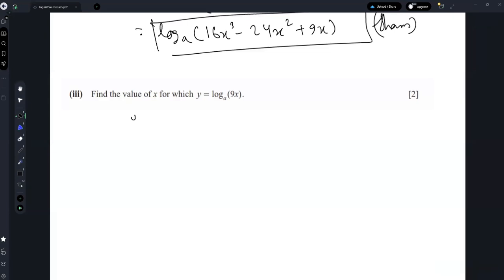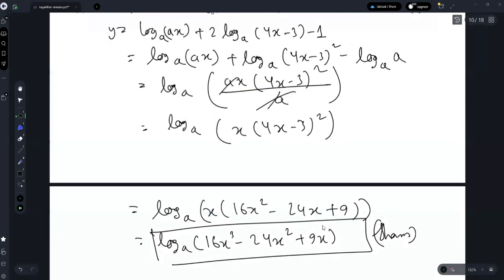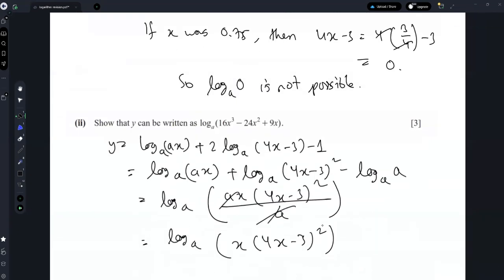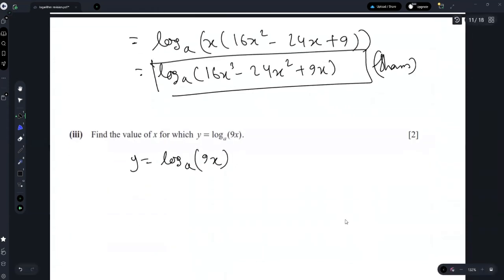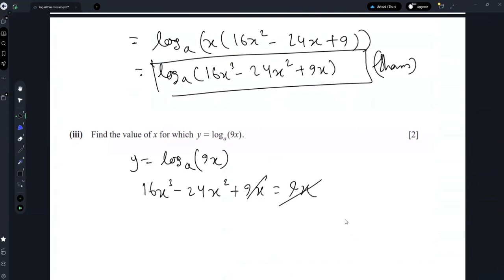So therefore, y equals log base a of 9x. So according to the question, this portion must be equal to that. So 16x cubed minus 24x squared plus 9x equals 9x. So therefore I get 16x cubed minus 24x squared equals 0.